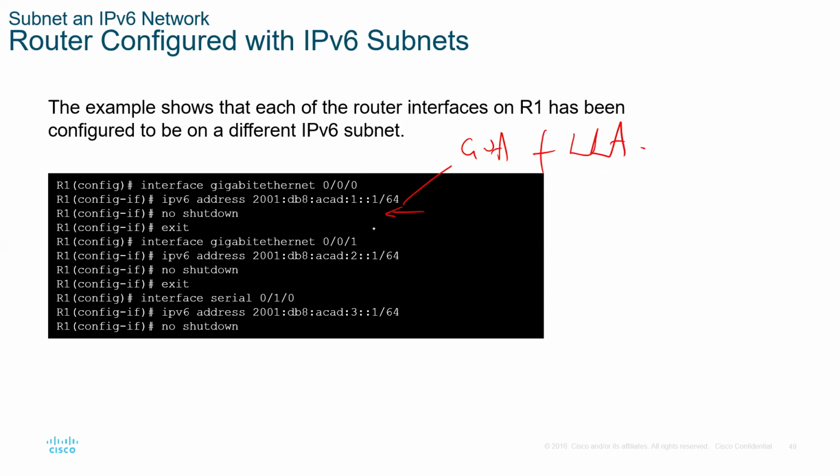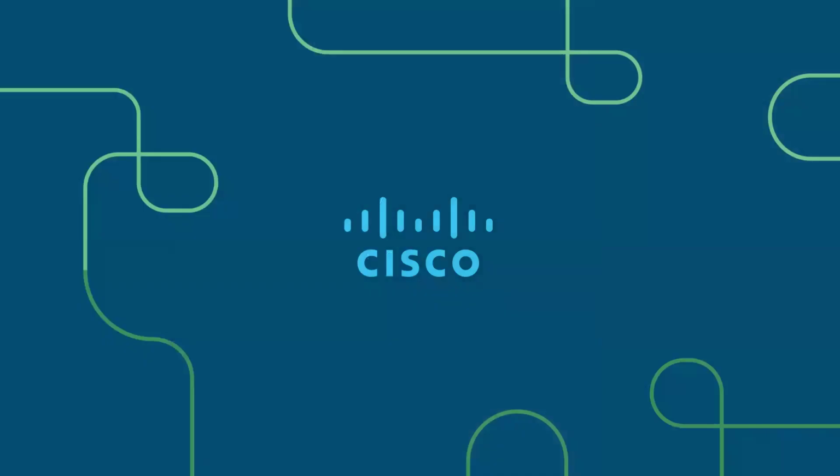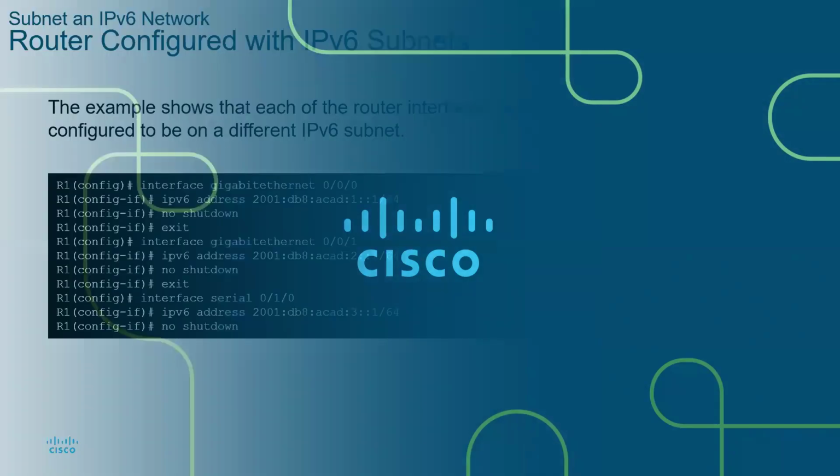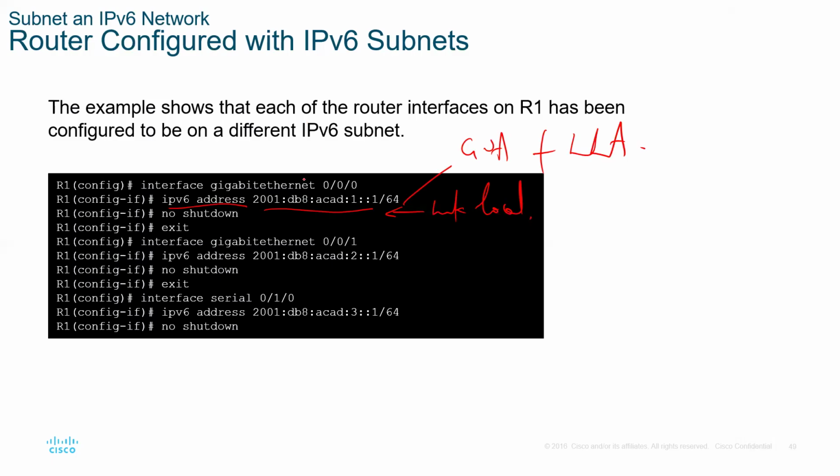The command is still the same: ipv6 address, then your address, and at the end you add link-local.